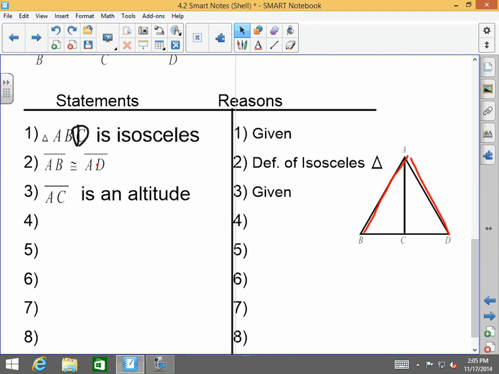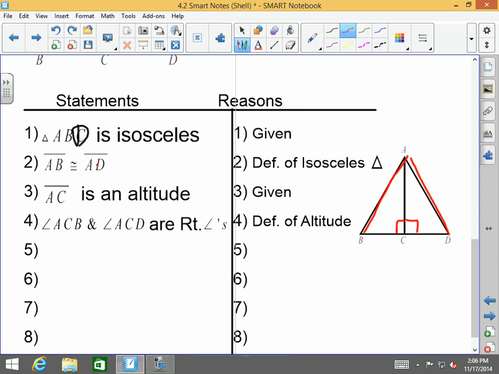But if it's an altitude, then I know that ACB and ACD are right angles. Definition of an altitude. And if those two are right angles, we could mention that they're congruent. I'm not going to take points away, but hopefully by now you're realizing, wait a second, I already have a hypotenuse that's congruent.